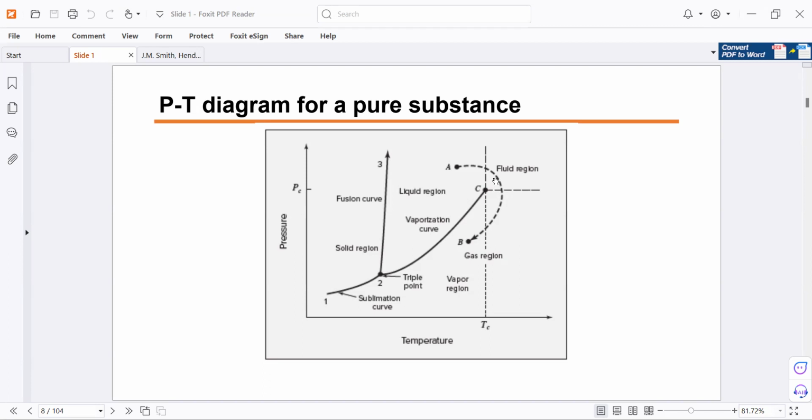So it does not include the usual vaporization step. This region here, above the critical pressure and above the critical temperature, is the fluid region. So it's neither a gas nor a liquid.